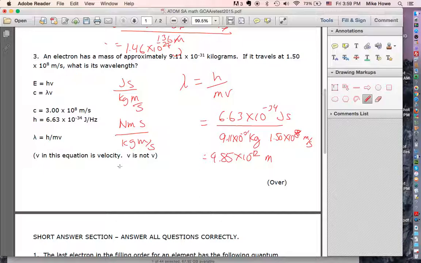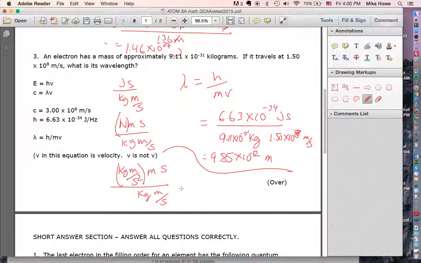However, a Newton is a kilogram meter per second squared. So all that stuff in parentheses is this Newton right here. You still have a meter here and you have a second here. And that would be divided by a kilogram meters per second.